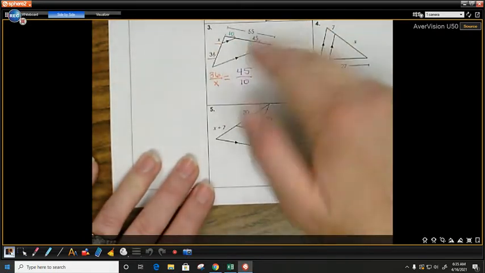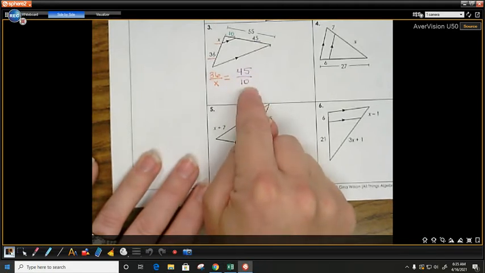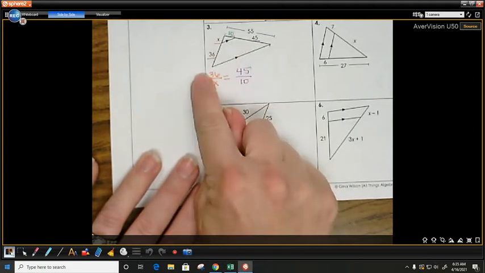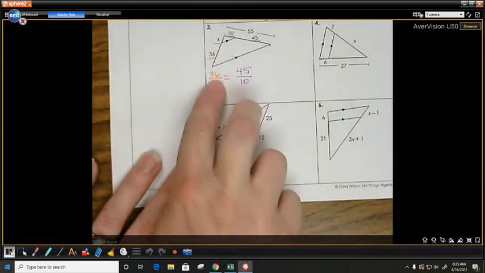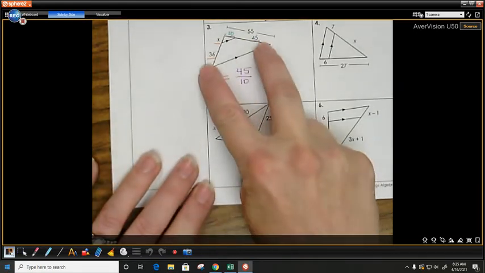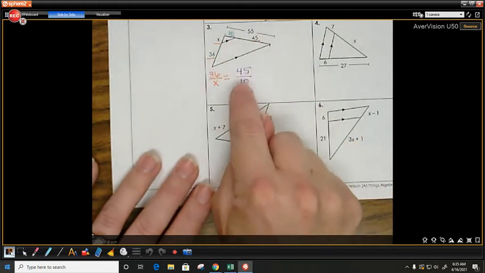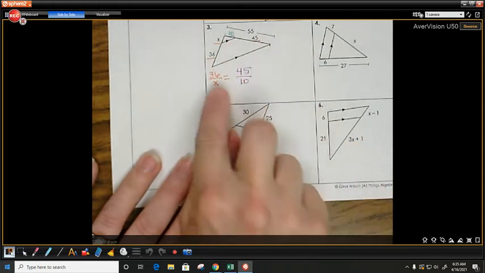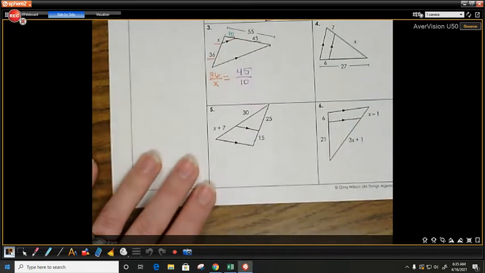I could flip these fractions and do x over 36 is equal to 10 over 45. Just make sure that the 36 and the 45 are both the bottom parts of the sides of the triangle, and then the x and the 10 are both the top parts that are forming that top angle, okay?